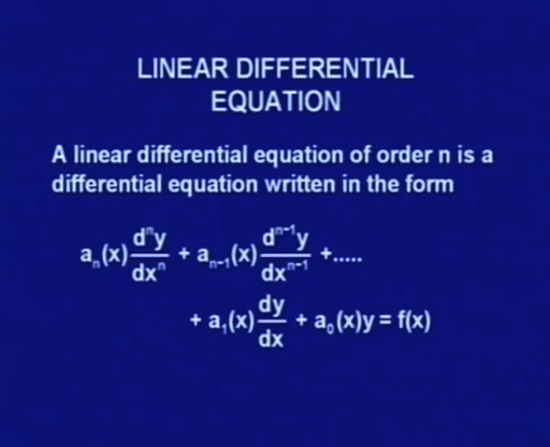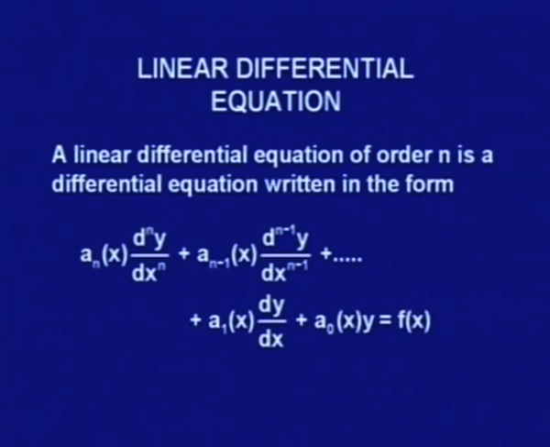We see here that all the derivatives occur in first degree only and their coefficients are functions of x only, none of them involve y or its derivatives. This is a linear equation.